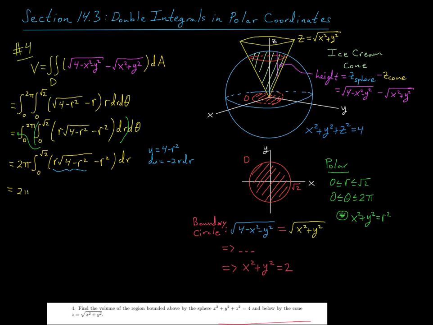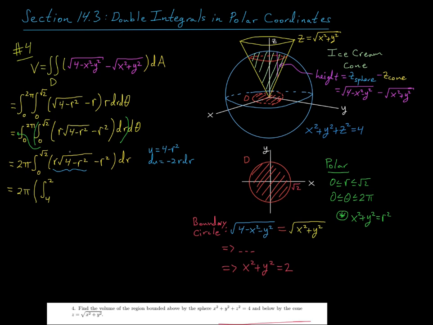So we're going to have 2 pi, and then I'll put parentheses here, and I'm going to handle this first integral with the substitution, and let's change the limits of integration as well. And so notice when r is 0, u would be 4, and when r is the square root of 2, I'd get 4 minus the square root of 2 squared, so it'd be 4 minus 2, which would be 2.